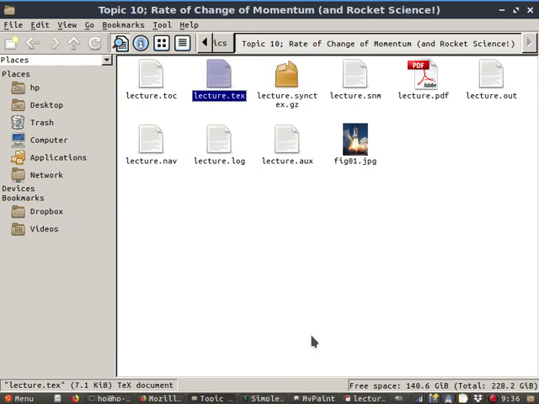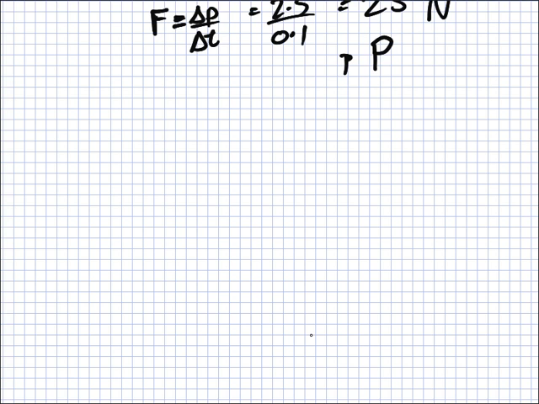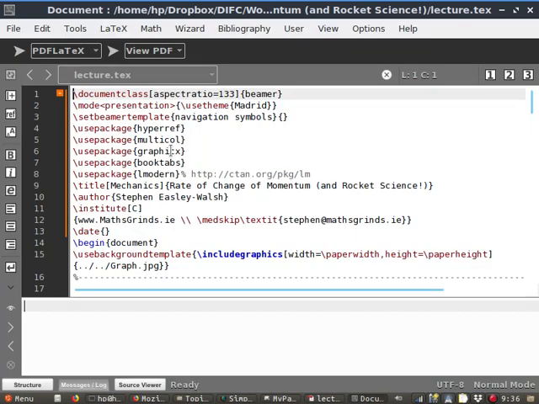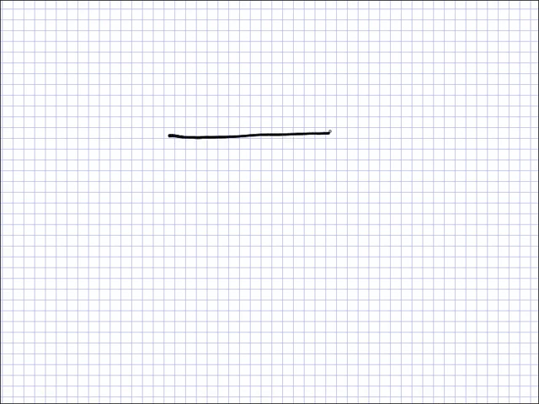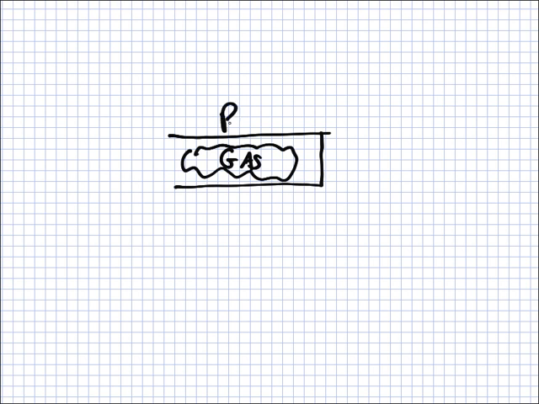Let me open this. So, say you have something like this, and there's a gas inside, and the gas is first at rest. Okay? Then some of the gas shoots out.